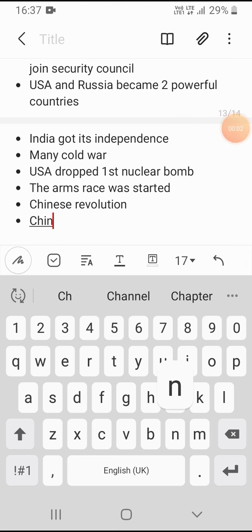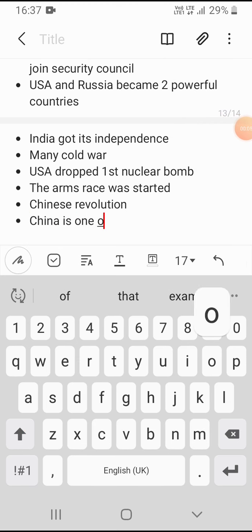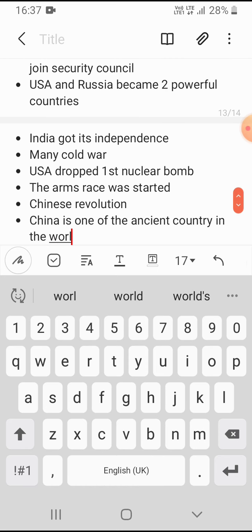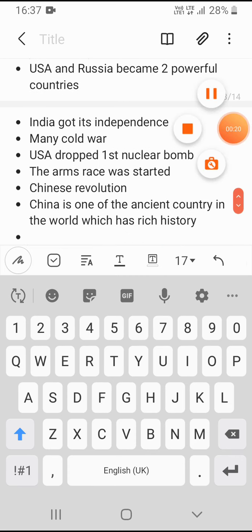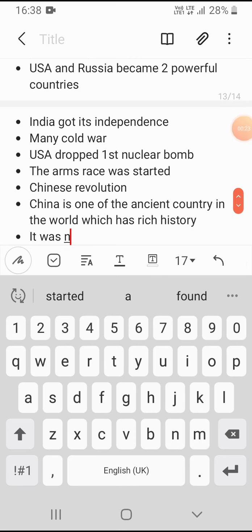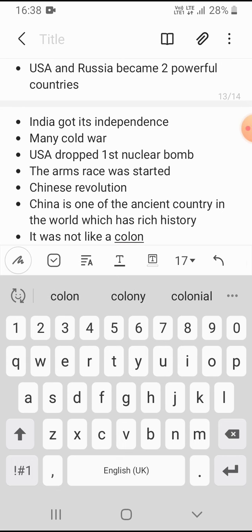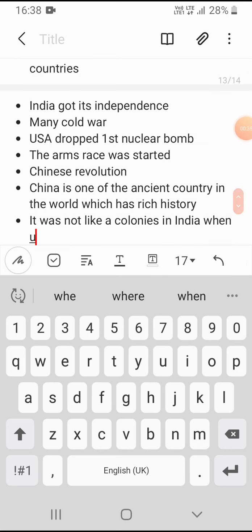China is one of the ancient countries in the world which has a rich history. It was not like the colonies that the British made in India when it fought for independence.